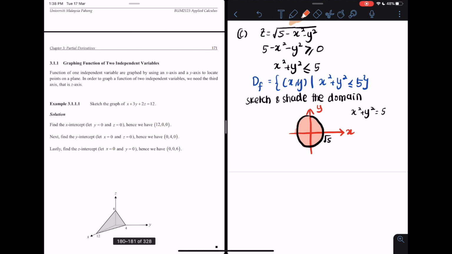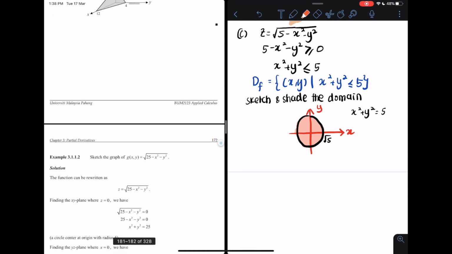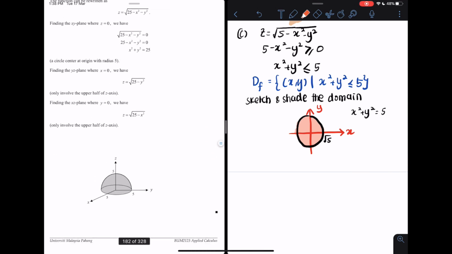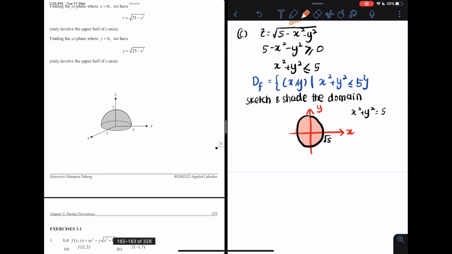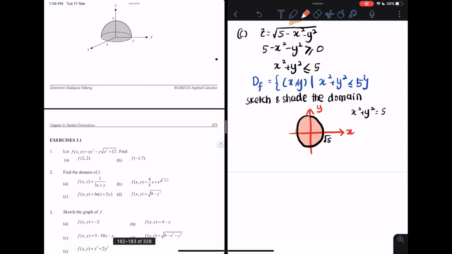Please recall how to sketch a paraboloid, a plane, a box, a sphere, an ellipsoid, a cone. So basically this section is everything that we have discussed from chapter 1.2 onwards. So I don't think I have to recall the way to sketch a surface in 3D.